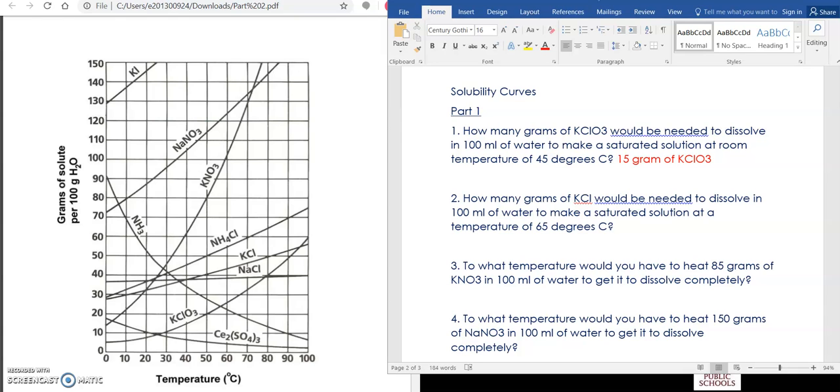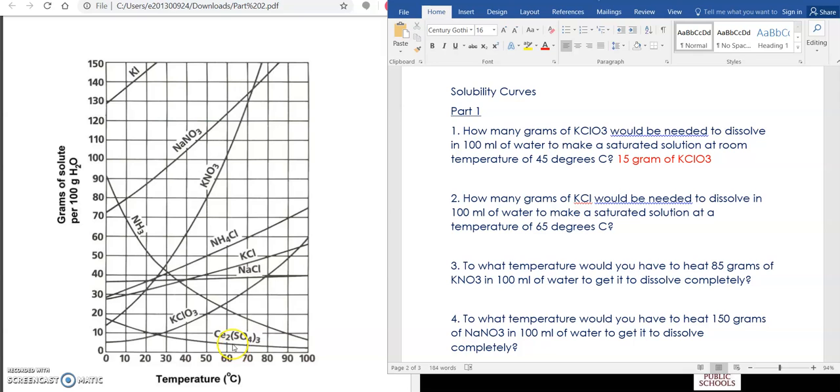How many grams of KCl would be needed to dissolve in 100 milliliters of water to make a saturated solution at a temperature of 65 degrees Celsius? So again, I know I'm keeping that consistent amount of water so I can focus on what the compound is and what that temperature is to make sure it's a saturated solution. So I want to go to 65 degrees and I want to trace up to the line.